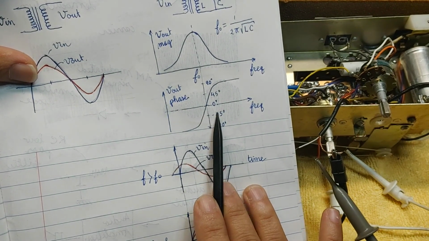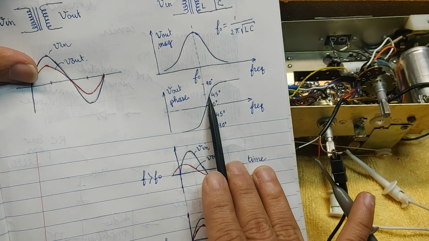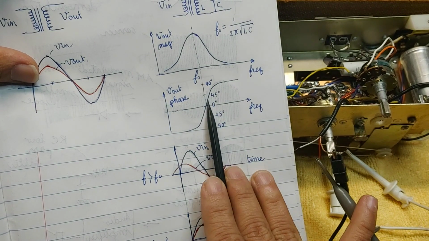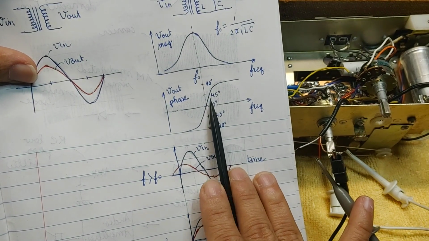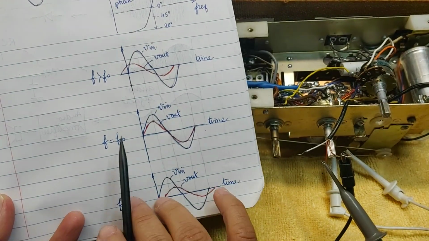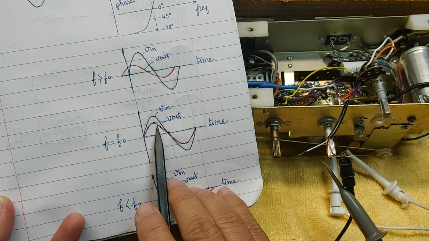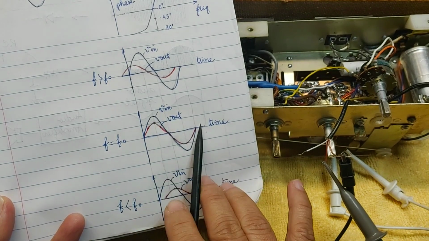But when the input frequency is above the resonant frequency, we see the phase is positive, and that means Vout leads Vin. You can see on the drawing here, at the resonant frequency, Vout and Vin are in the same phase.